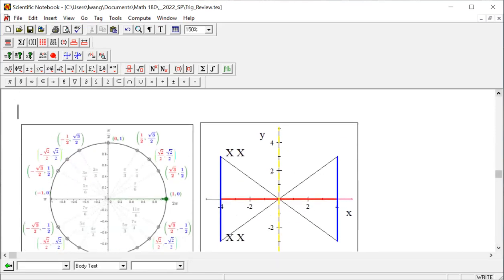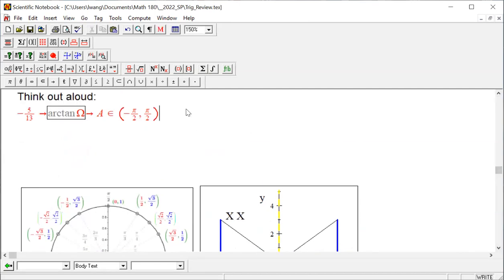the angle is, in particular, going to be, let's call it theta.